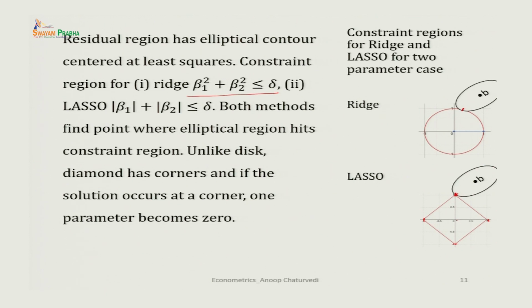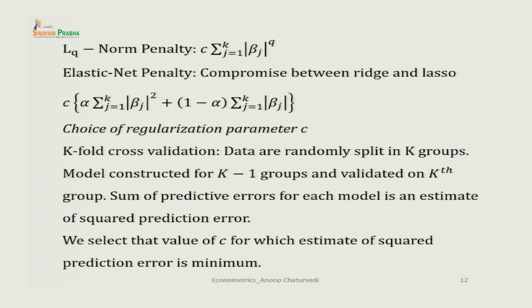So, the estimator of one of the parameters becomes 0. So, the ridge regression estimator does not serve the purpose of variable selection, but lasso does both things. It selects the important variables and it also shrinks the estimators of the regression parameters of other variables.